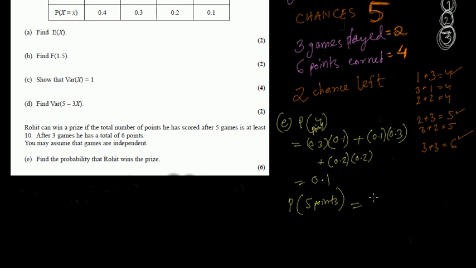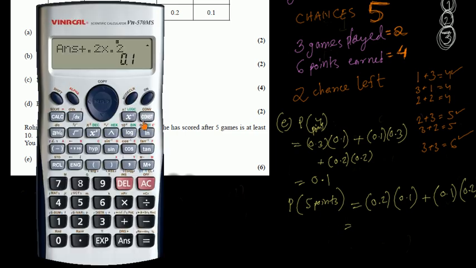So the probability of 2 is 0.2, and the probability of getting a 3 is 0.1, or the probability of getting a 3 is 0.1, and the probability of getting a 2 is 0.2. So if you calculate this, it would be 0.2 into 0.1, or 0.1 into 0.2. That would be 0.04.